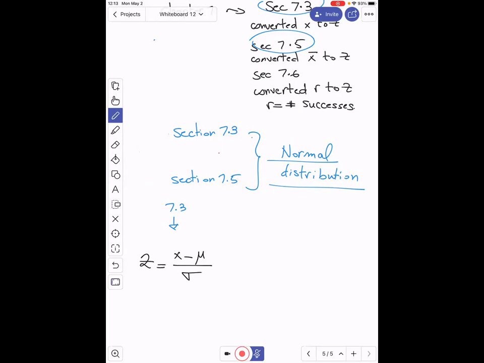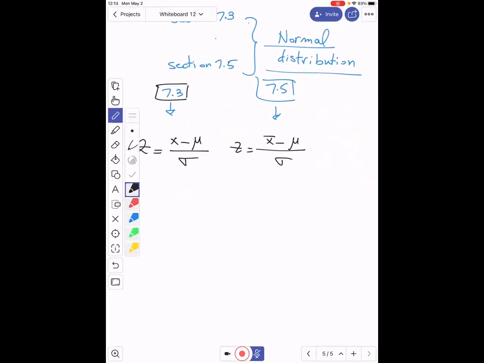Okay, so that's for 7.3. In 7.5, that's the central limit theorem, and we discussed how to convert x bar, the sample mean, to z. So that's x bar minus mu over sigma. All right. So if you take, for example, first exercise 1, exercise 1 in the homework number 6.